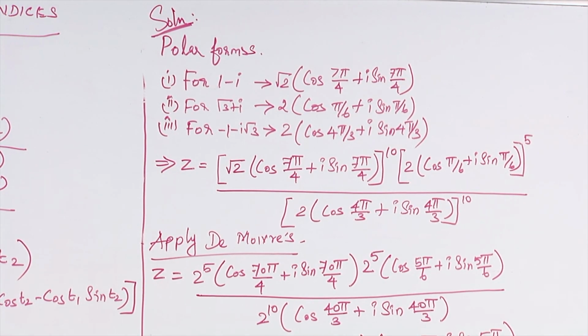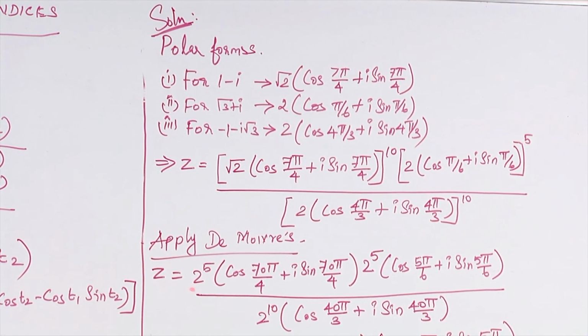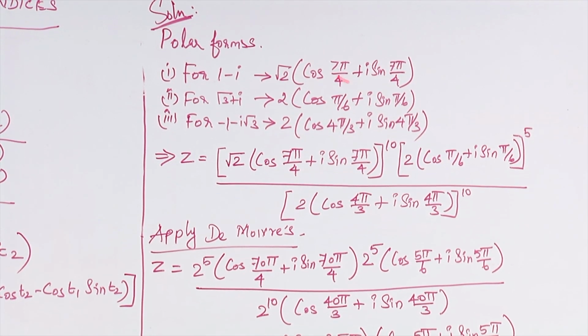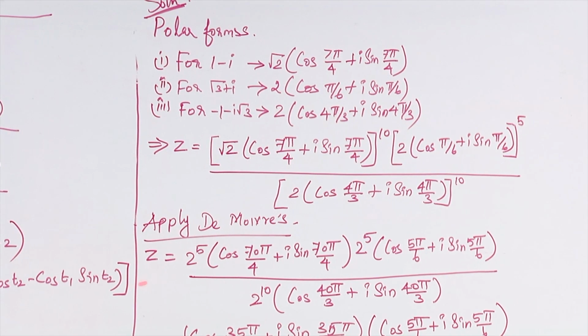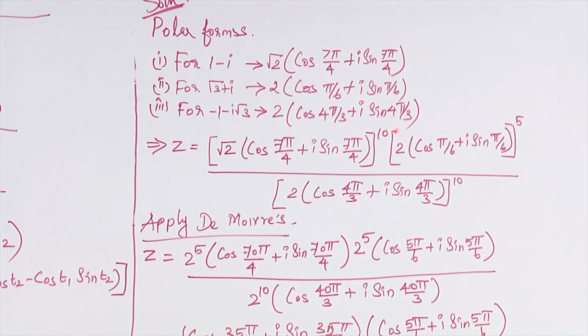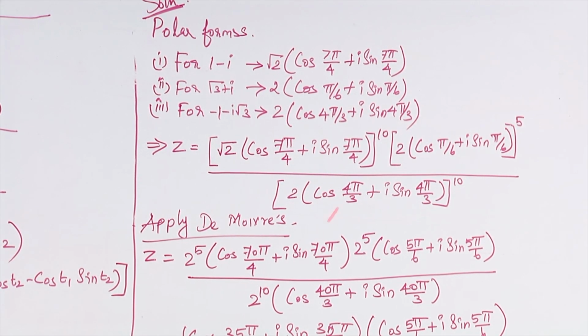Here we are going to apply de Moivre's theorem, and you can see that 2 power 5 is very easy, because root 2 the whole power 10 will become 2 power 5, and then I am merely multiplying the 10 into the argument. So 70 pi by 4, and here also 10 into 7 pi by 4 will become 70 pi by 4.